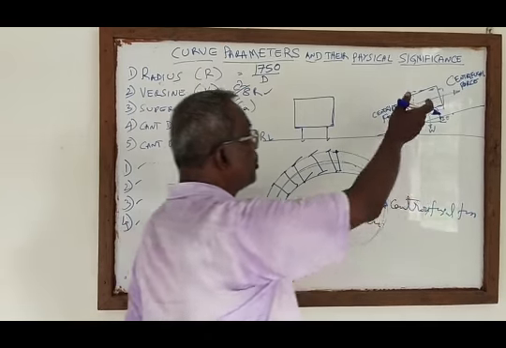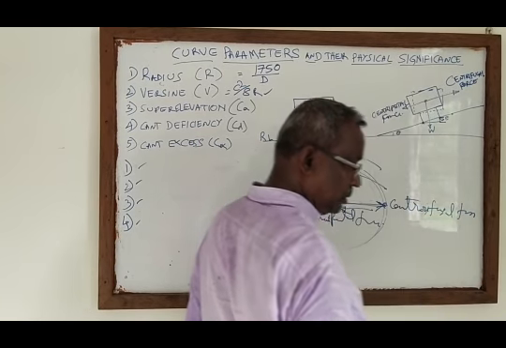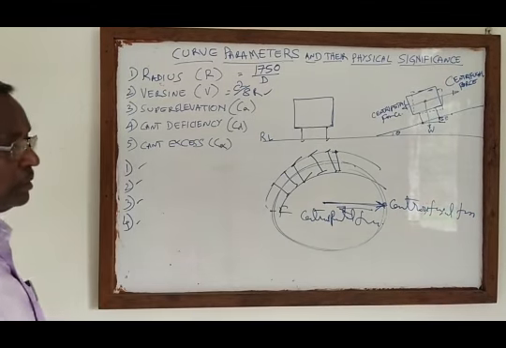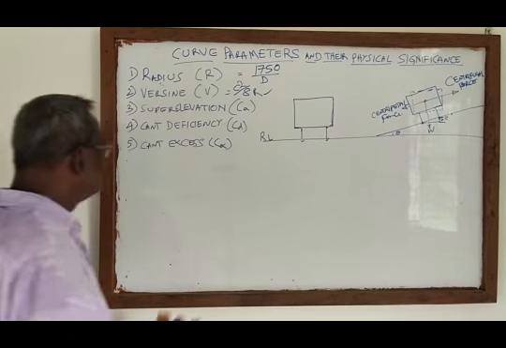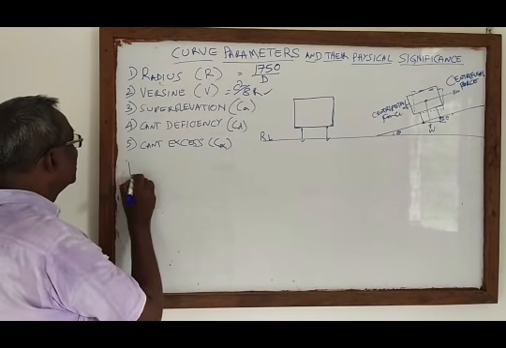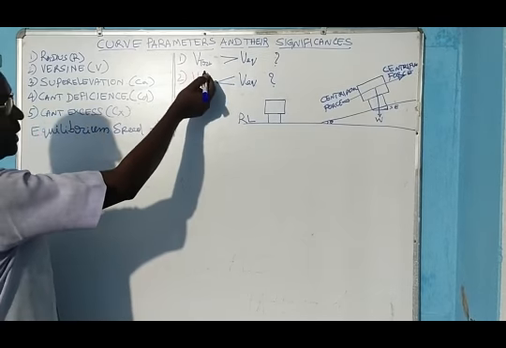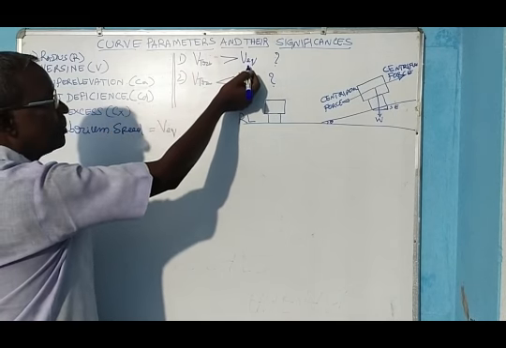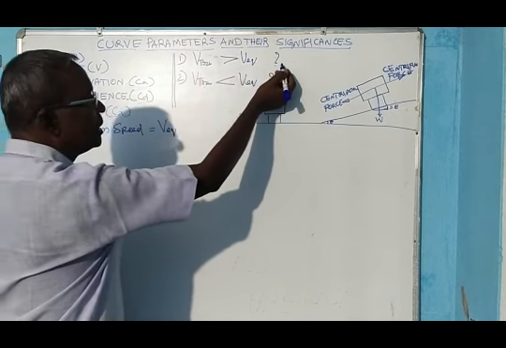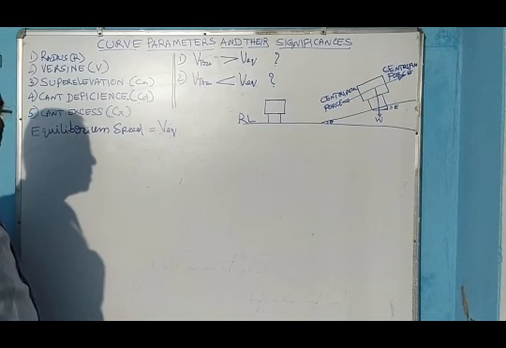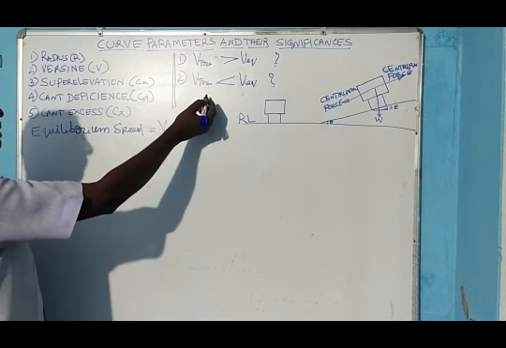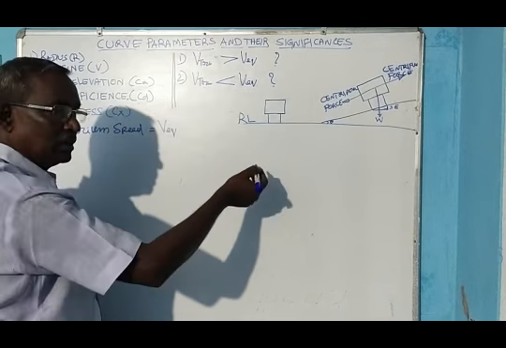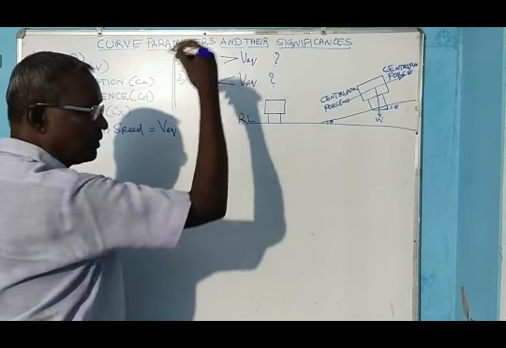After providing superelevation or cant, the speed here is the equilibrium speed. If trains are running more than the equilibrium speed, what will be the consequences? And if trains are running less than the equilibrium speed, what are the consequences?